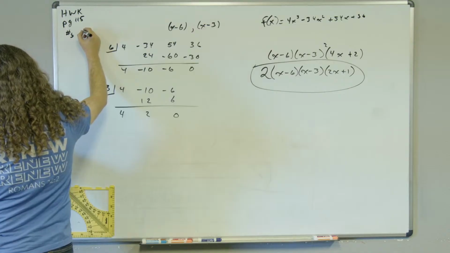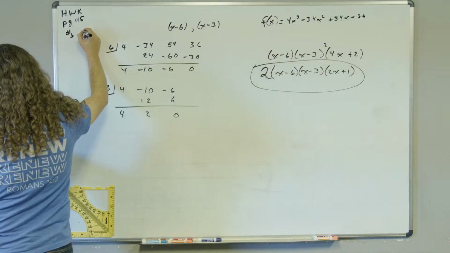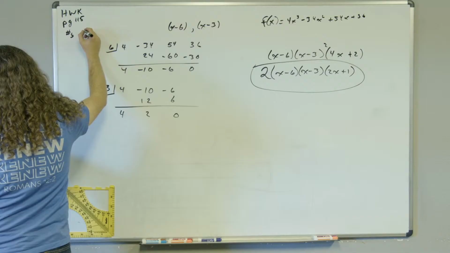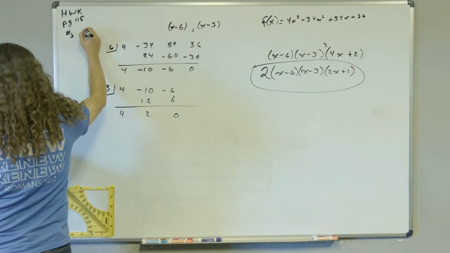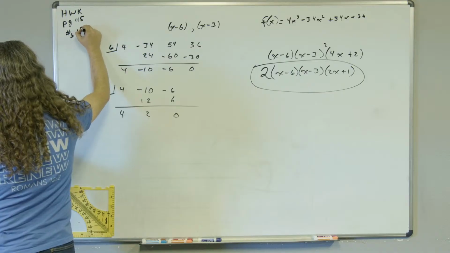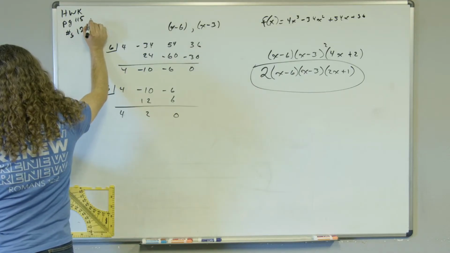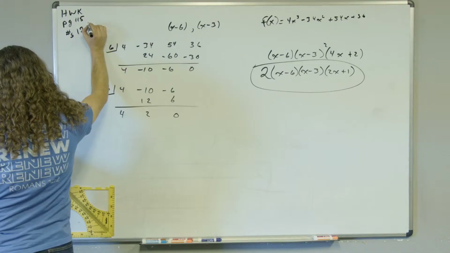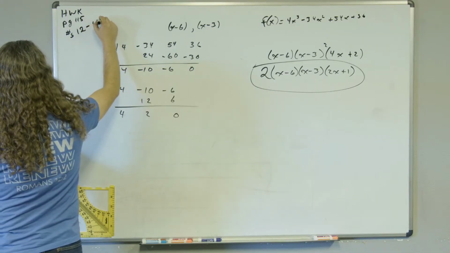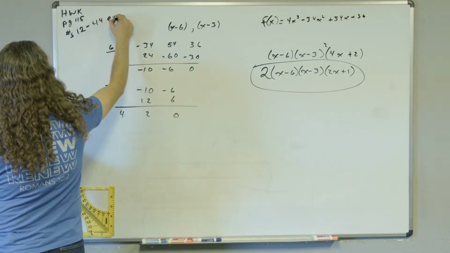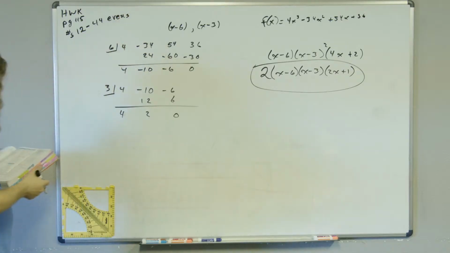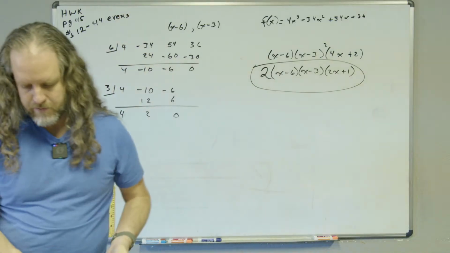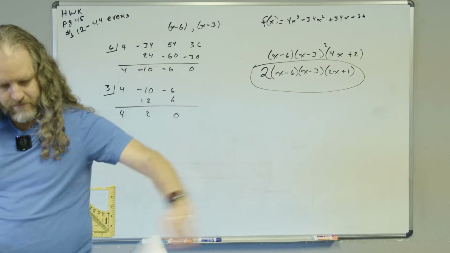Why did I draw my hashtags like an X? It's a pound. I always call it the number sign. 12 through 44 even. This is what makes me not want to do my homework.